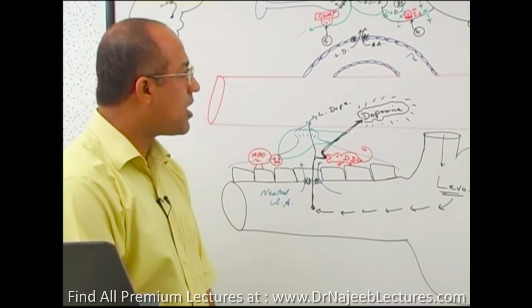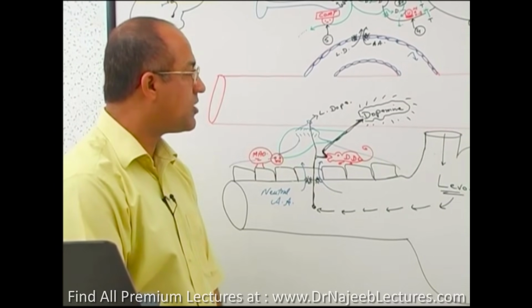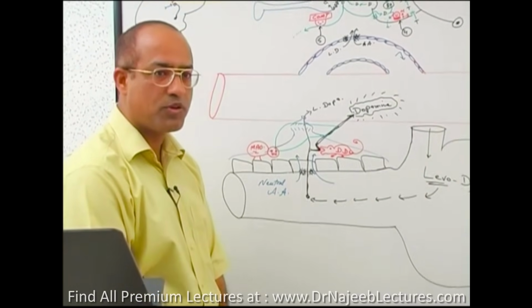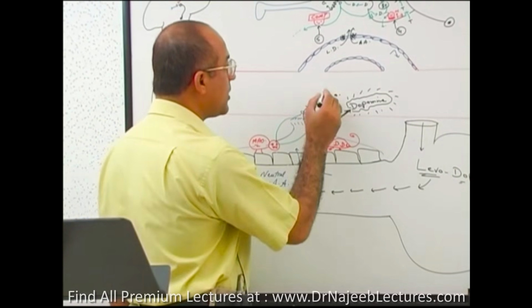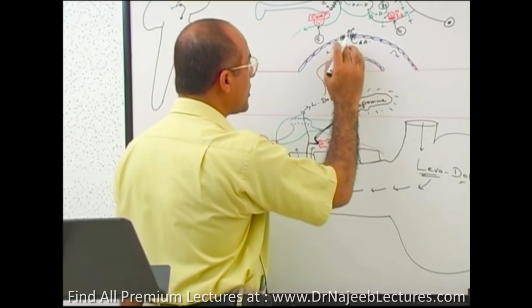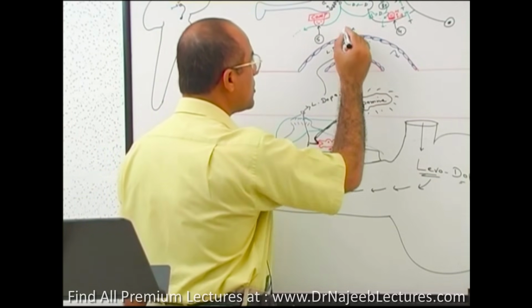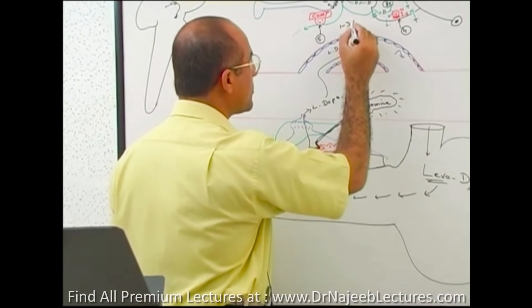Normally, if you take 100 milligrams of levodopa, how much levodopa will really reach the central nervous system? Only 1 to 3%.